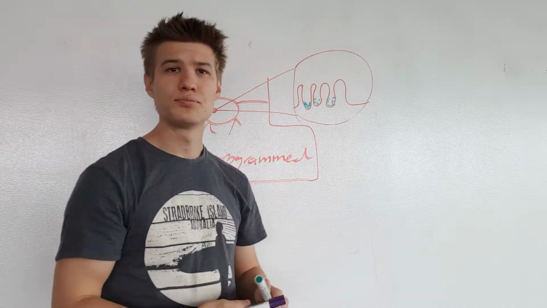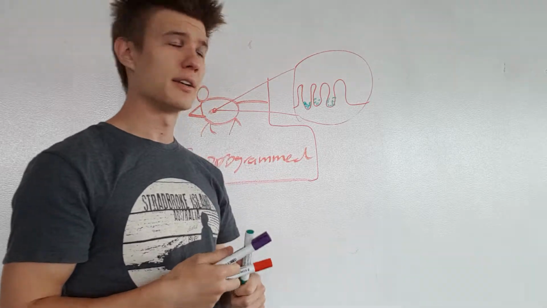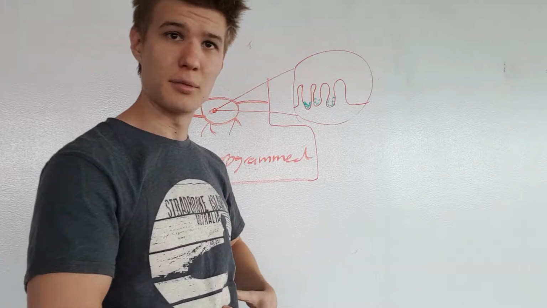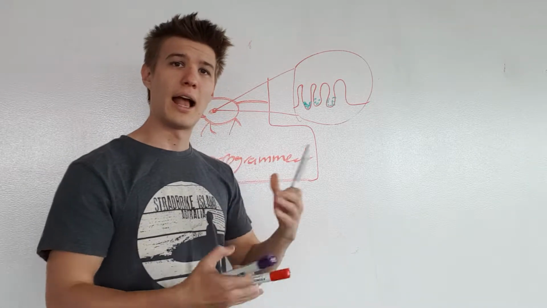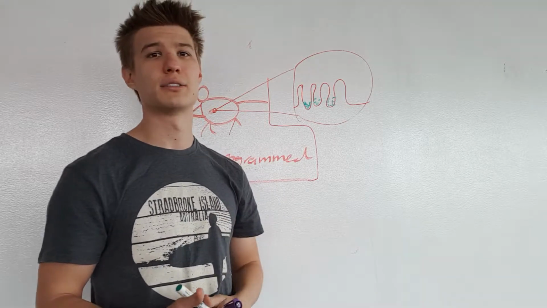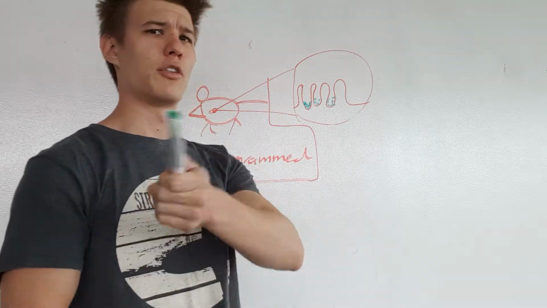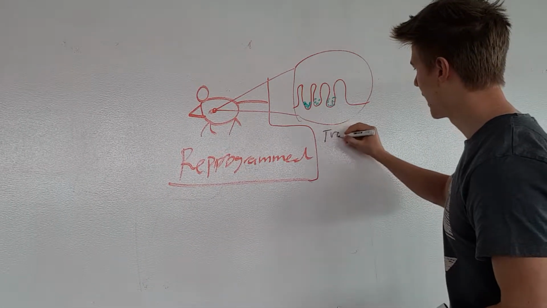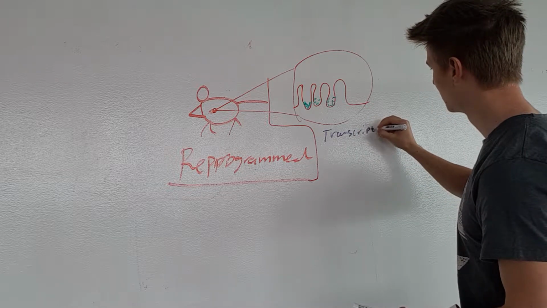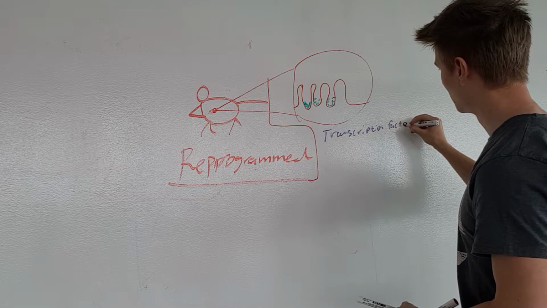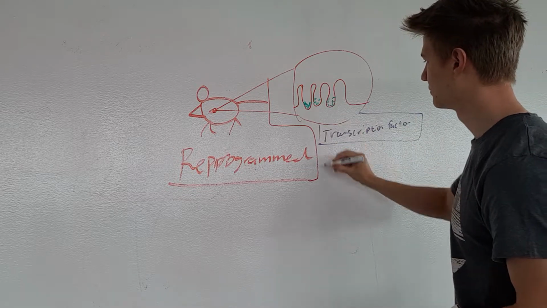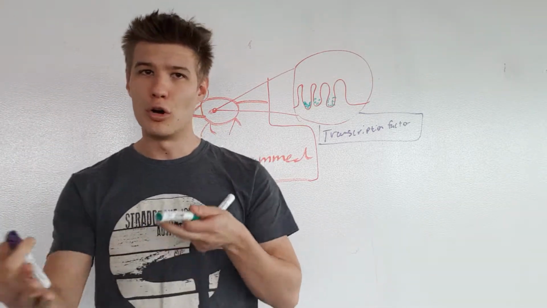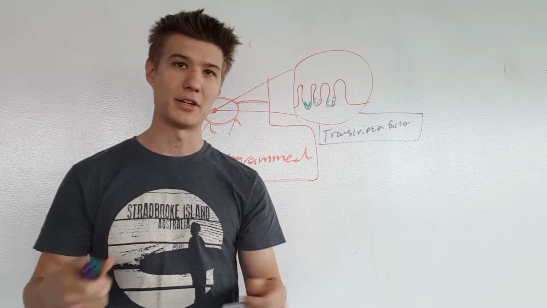Now what they've done in this experiment is they've taken some of these cells, you extract a part of the stomach from the mouse, and you apply some transcription factors. Now what's a transcription factor? We've never heard that term before. A transcription factor is something that turns on or off a gene in a mouse or a human or whatever.